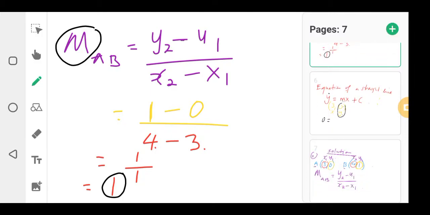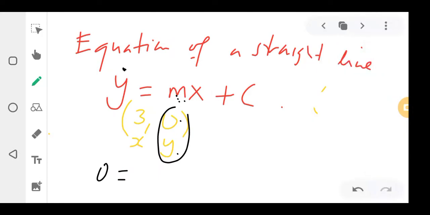Because m simply means the gradient. So m there, I'll put 1. Mx. On x, I put what? What is my x? As you can see, x is 3. So on x, I put this 3. So it will be 3. Here it's x.